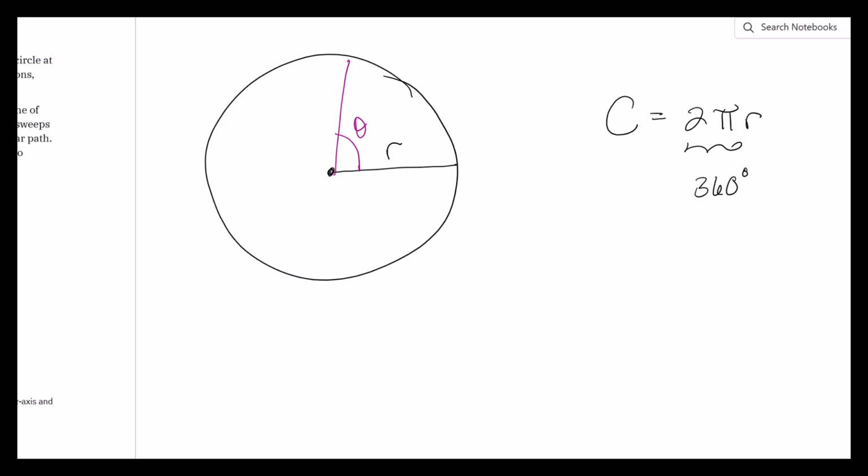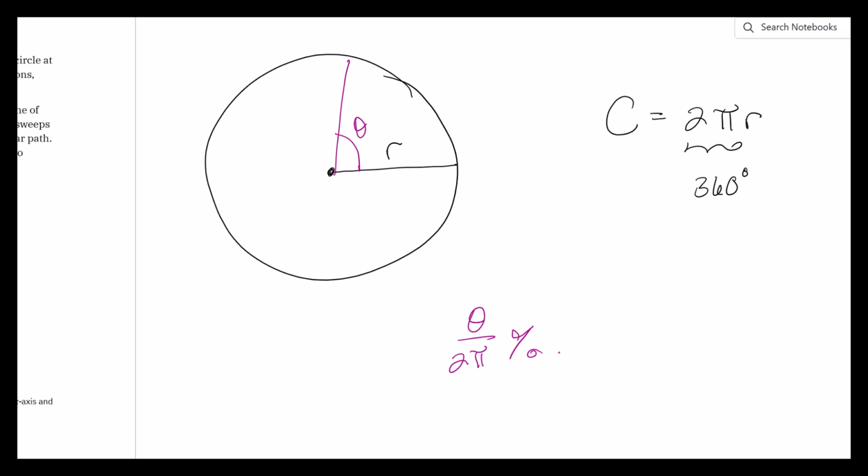In any case, this is important because if I only went through a portion of the circle, and I measure that portion in radians, then I would only travel that percent of the circumference. If 100% of the circumference is 2 pi, then theta over 2 pi would be the percentage of the whole circumference.